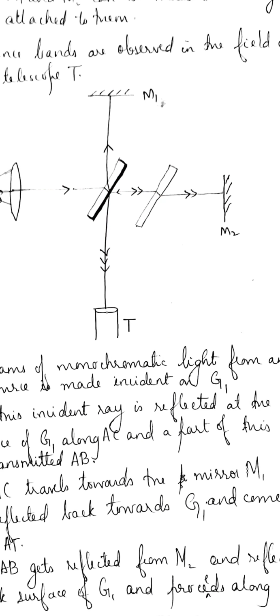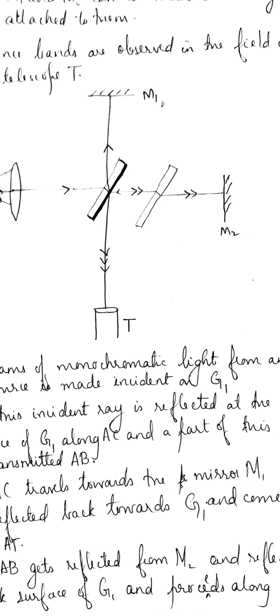Now the glass plate G2 is a simple plain glass plate having the same thickness as G1 and made of the same material as G1. The interference bands are observed using a telescope T.